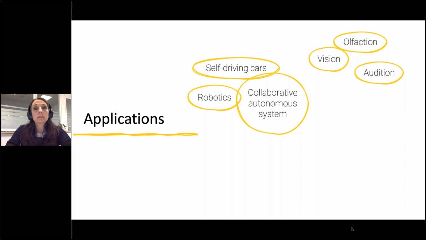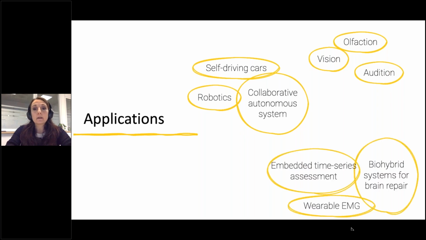And then another very promising application of neuromorphic engineering and computation is the medical domain. So in the roadmap, there are a few examples. For example, the use of electromyography and the development of small wearable devices that can interpret the EMG to drive prosthetic devices.